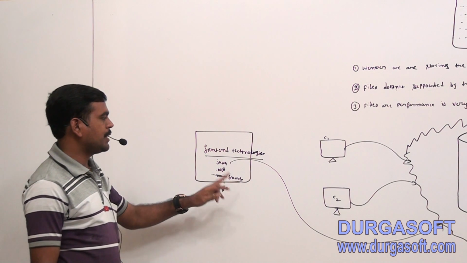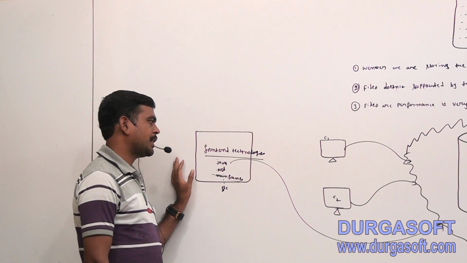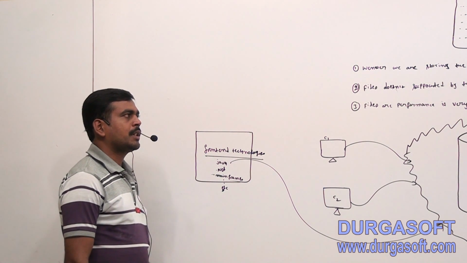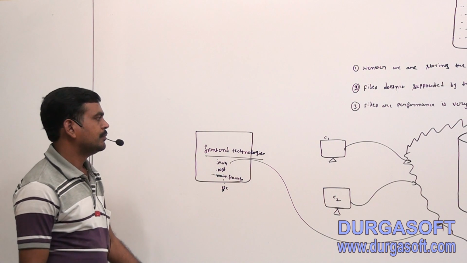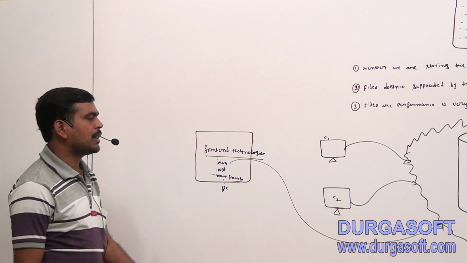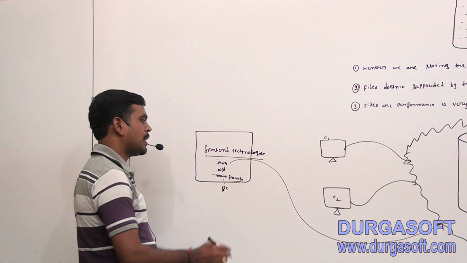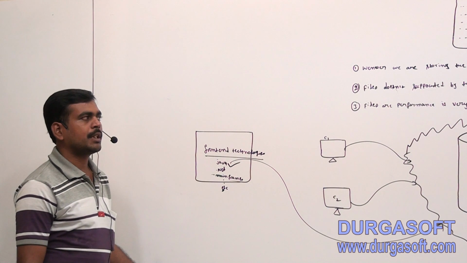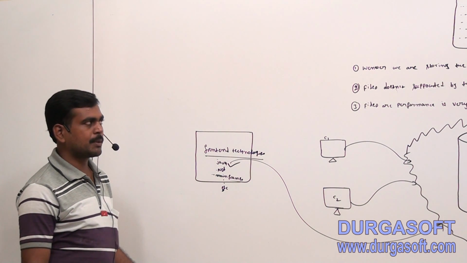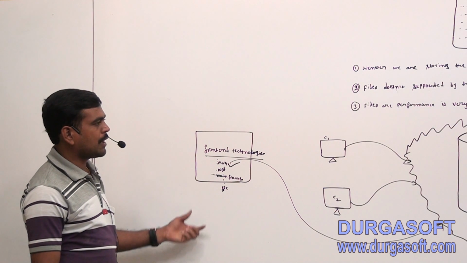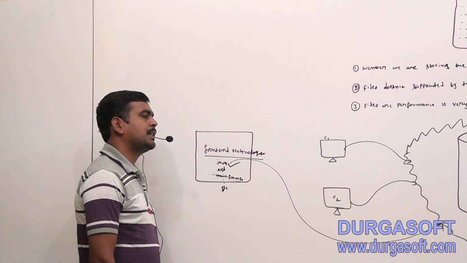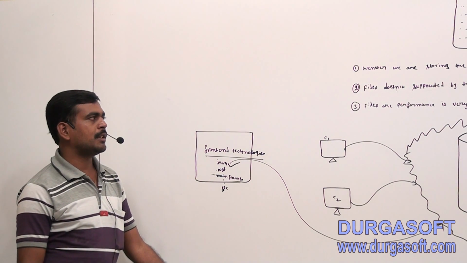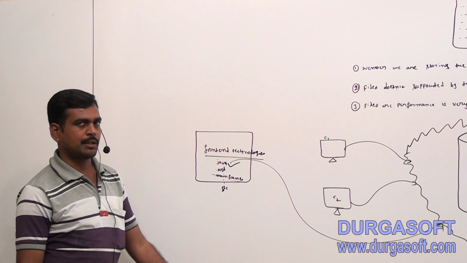That is the reason we came back to front-end technologies. Compared to all the technologies, Java is the best for implementing web applications or distributed-level applications. Java gives us three things: number one is J2SE, number two is J2EE, and number three is J2ME, micro edition.